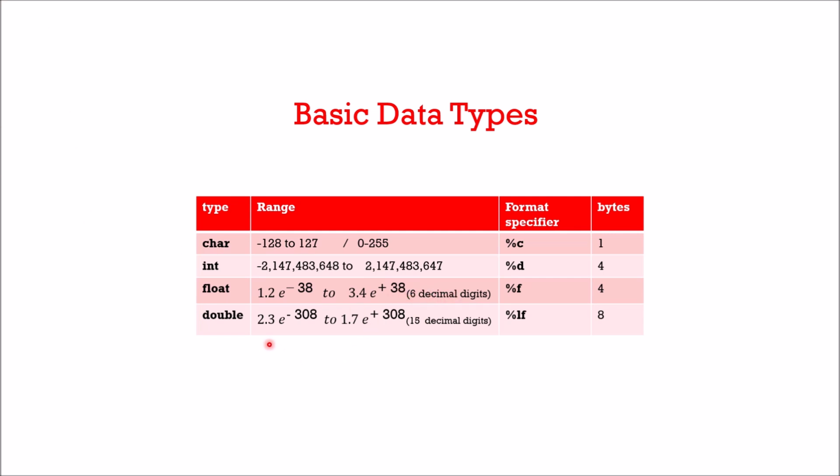The next one is double, which is another variable data type that is capable of storing this type of numbers that have a fractional part, and it has 15 decimal digits, and this is the format specifier. As you can see, it occupies way more bytes.